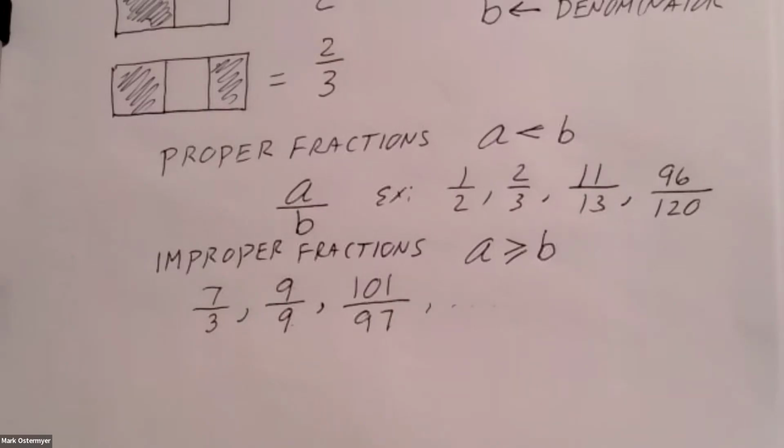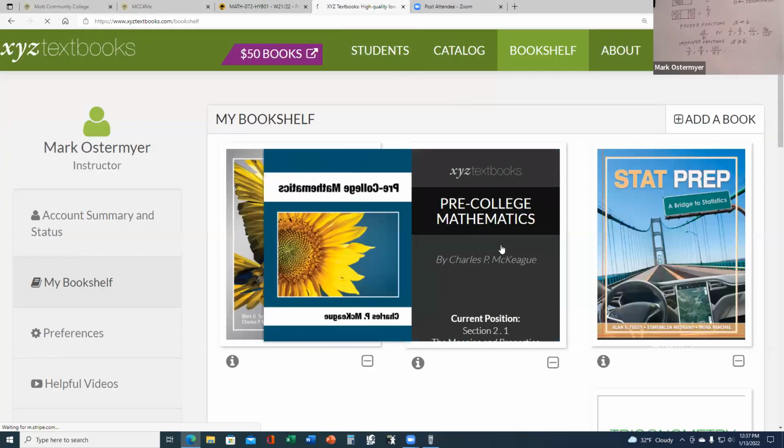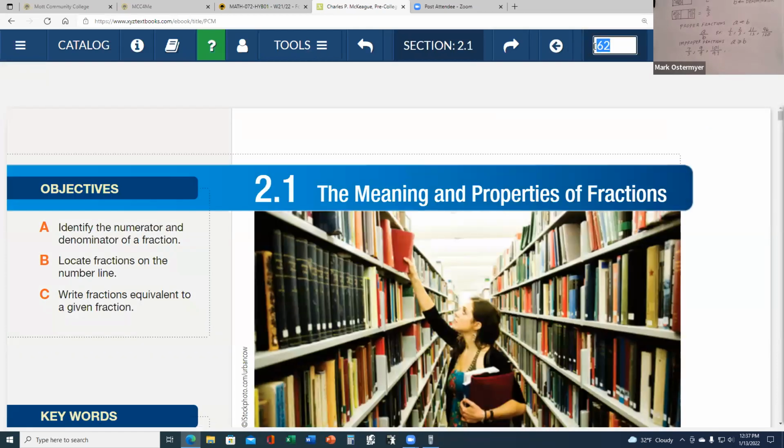All right, let's go to our textbook on page 64. I want to point something out here. So we'll dial up our book, go to page 64.